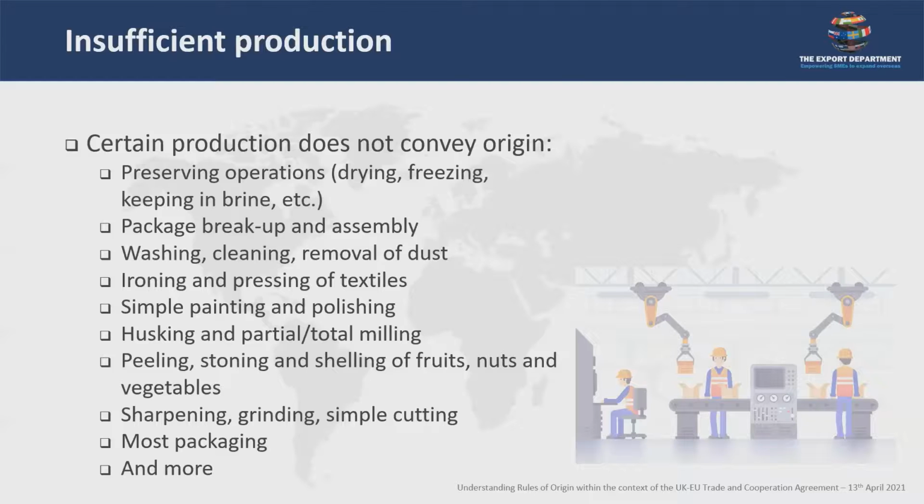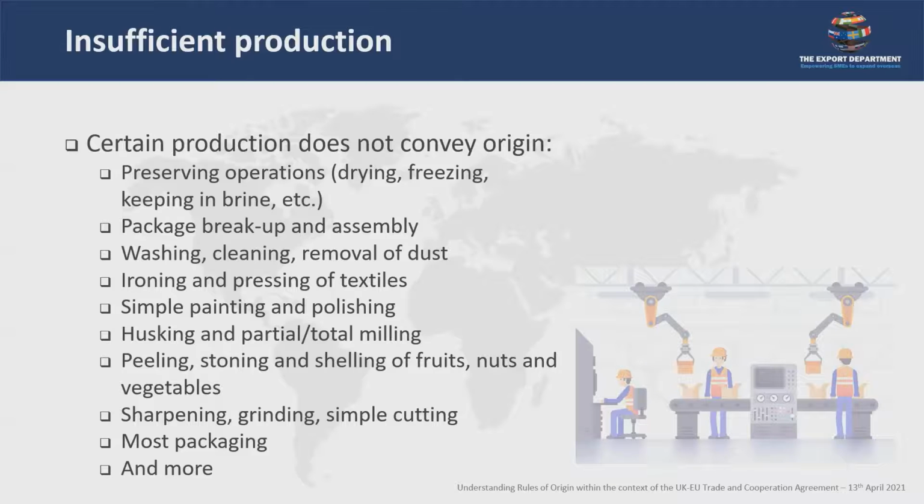A free trade agreement will always list these processes that, if they're carried out on non-originating materials, are considered such minor processing that they don't on their own confer originating status. So even if a product meets its product specific rule, if the only process carried out on non-originating materials is listed as insufficient, that product won't obtain originating status.